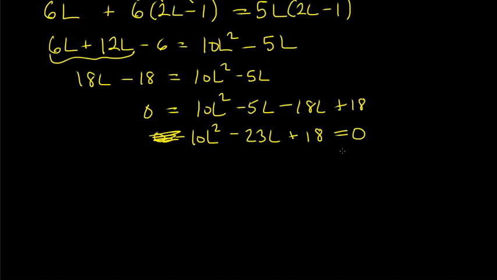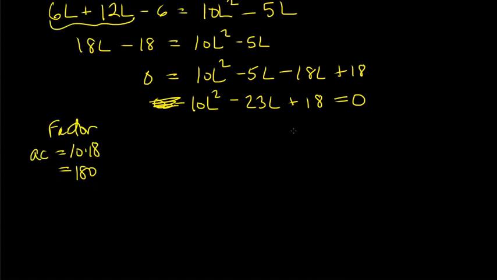So it means we should be able to factor. At least I hope this factors. So the AC method, right, GCF is 1. The 23 is prime, so the GCF is 1. So A times C is 10 times 18, which is 180. So we're looking for two numbers that multiply to 180, but add to negative 23.